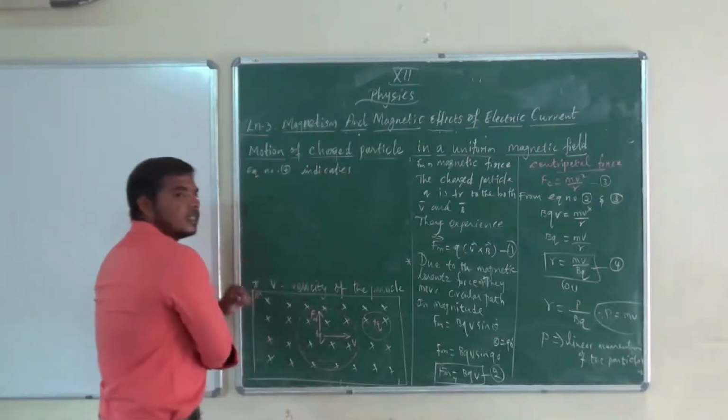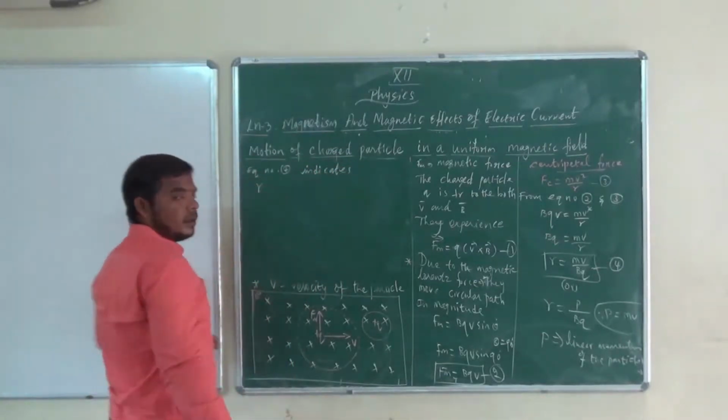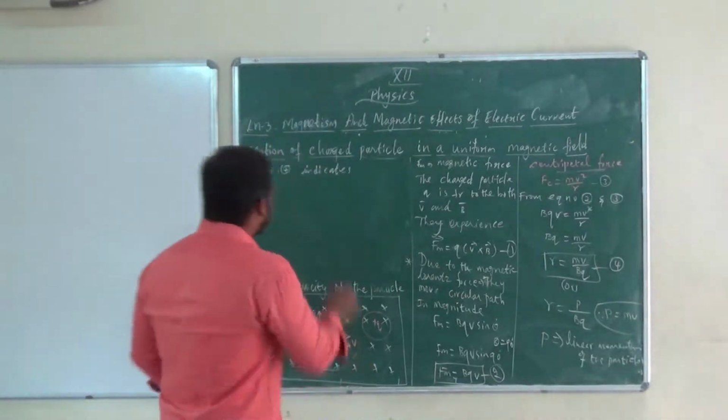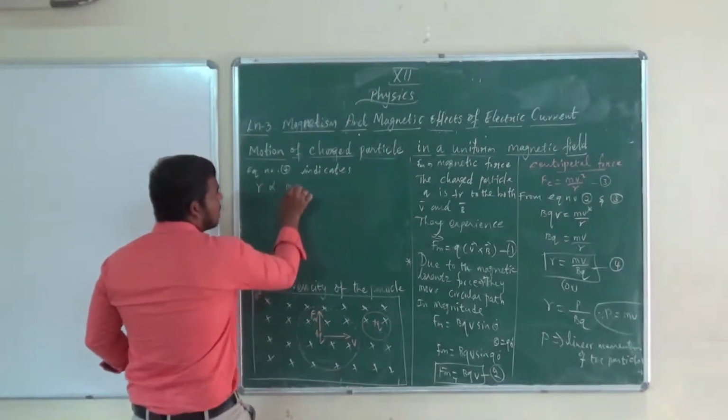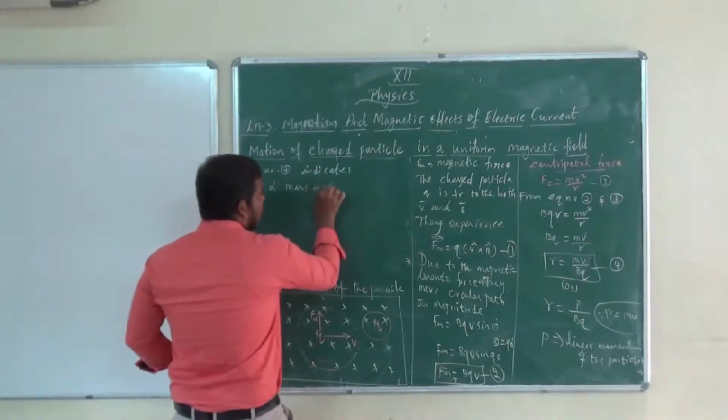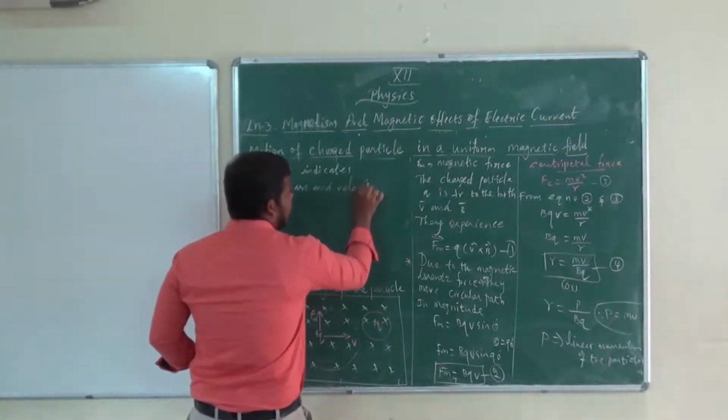What does equation number 4 indicate? The radius of the circular path is directly proportional to mass and velocity, isn't it?